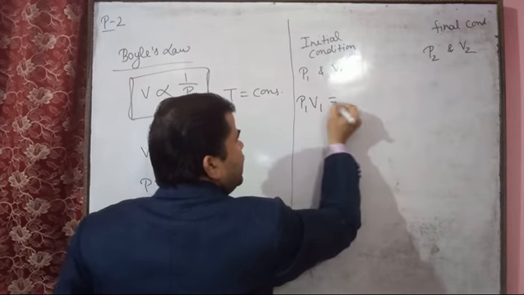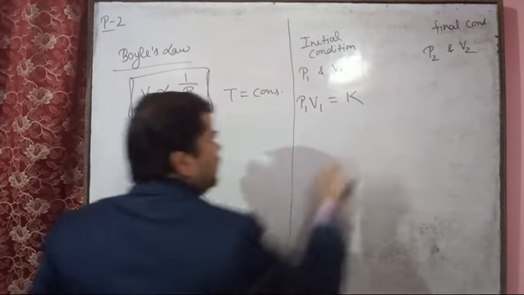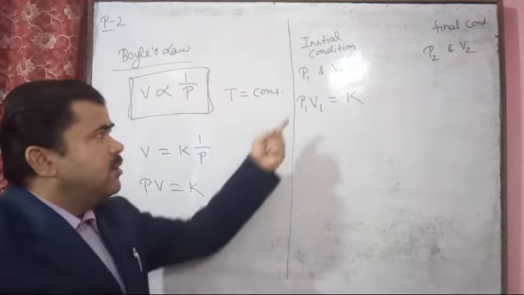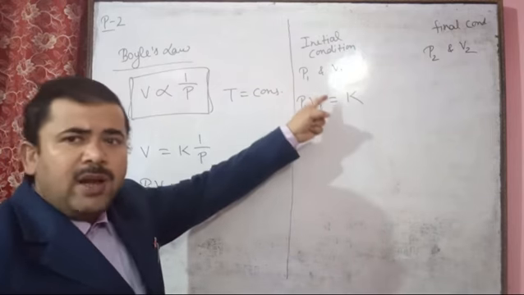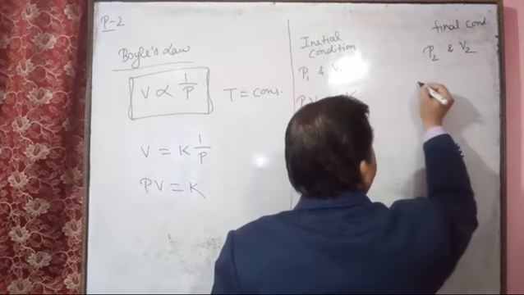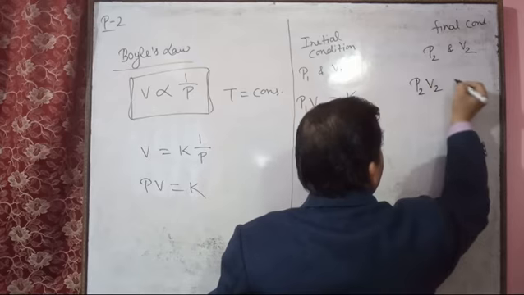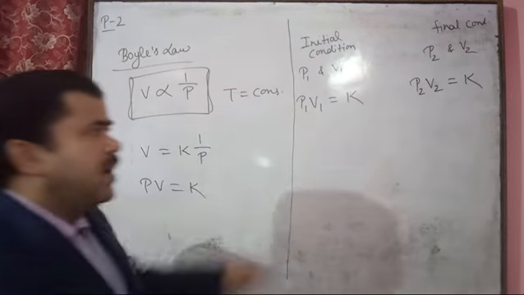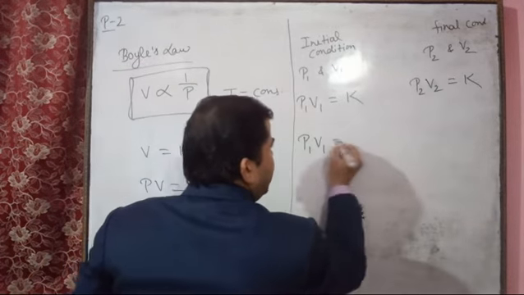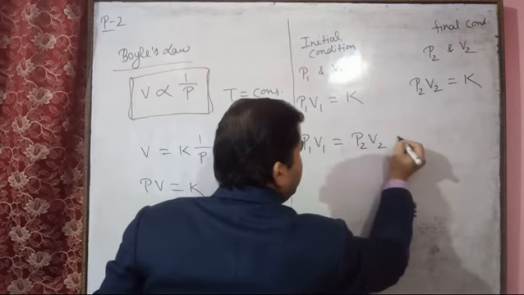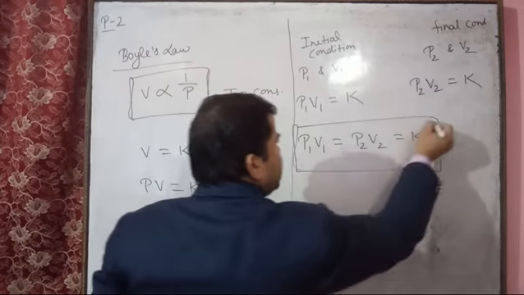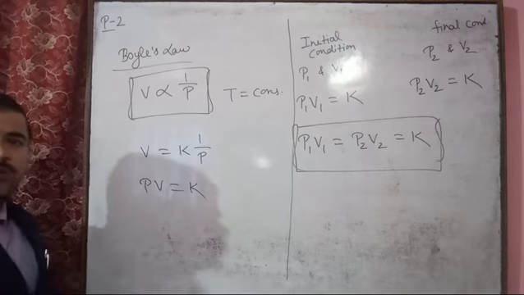PV equal to K means for the initial condition P1 V1 equal to K, and for the final condition P2 V2 equal to K. Here K is the same, so we can write P1 V1 equal to P2 V2 equal to K. This is the Boyle's law equation.